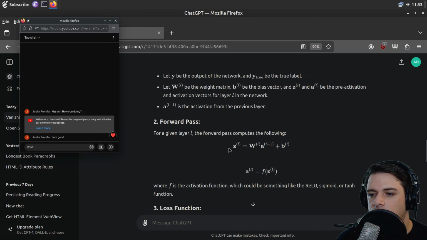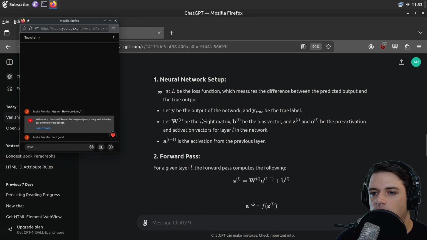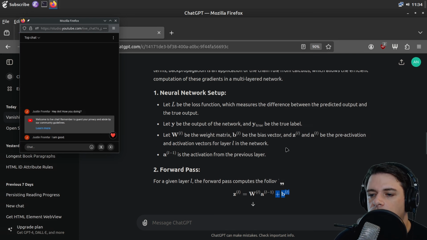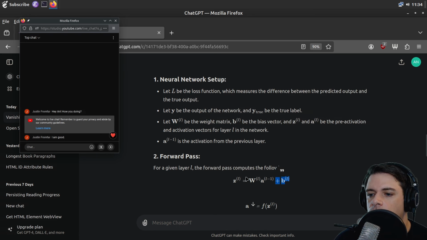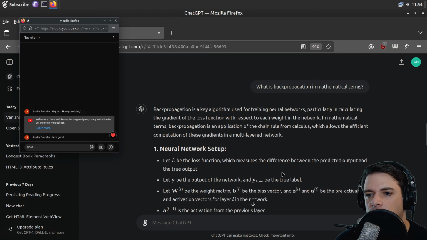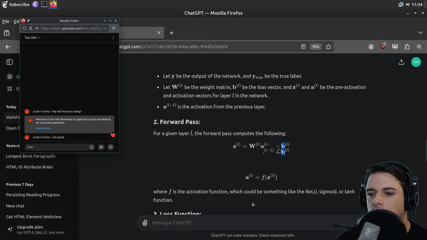And what is Z? Z is, we've taken the weight matrix, multiplied it by the previous activation, and we've added this constant term, like y equals mx plus b. So this is the intercept, and b is some bias vector. Okay.